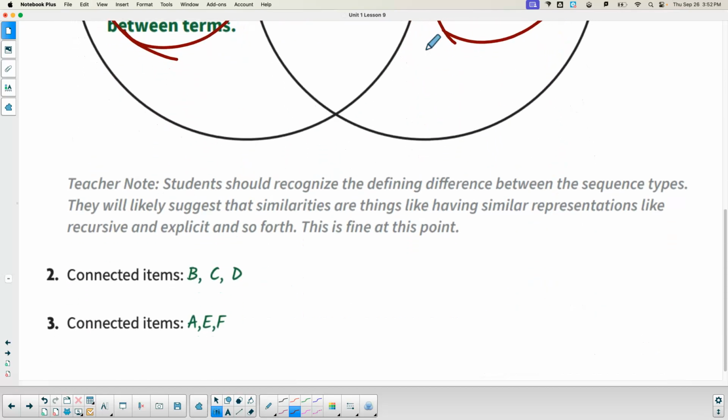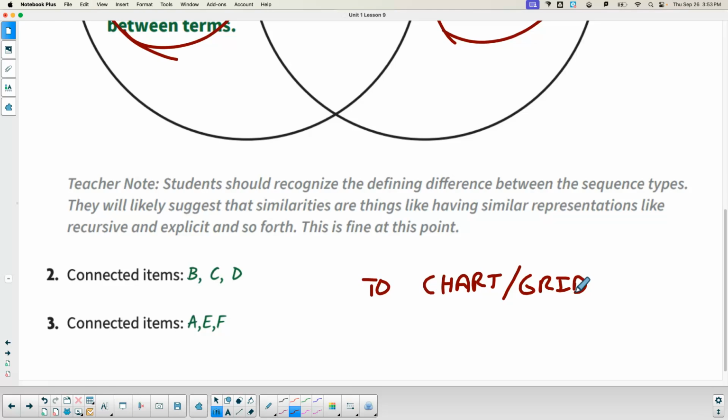On 2 and 3, they wanted you to connect that to the charts or the grid, if you will, that was on the previous page. There were 6 scenarios, 2 graphs and a chart and 3 equations.